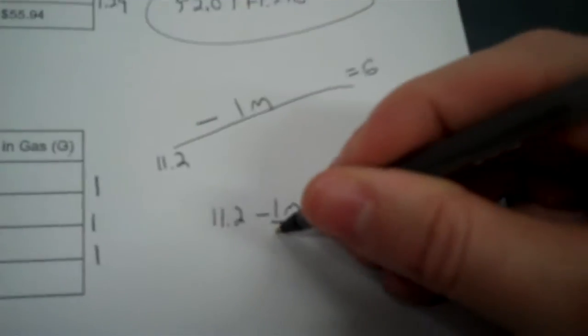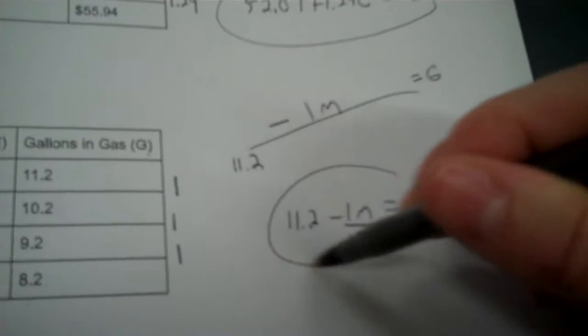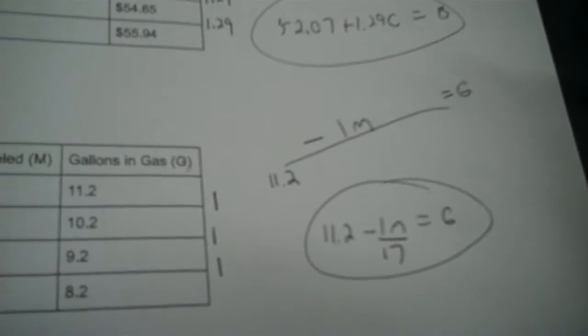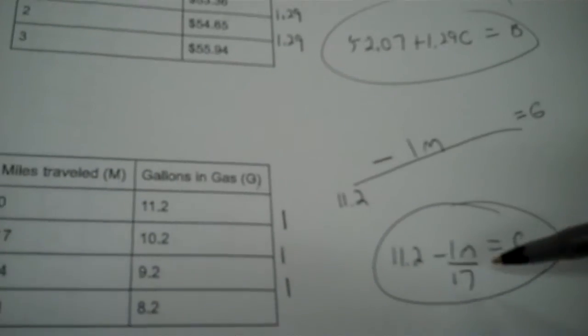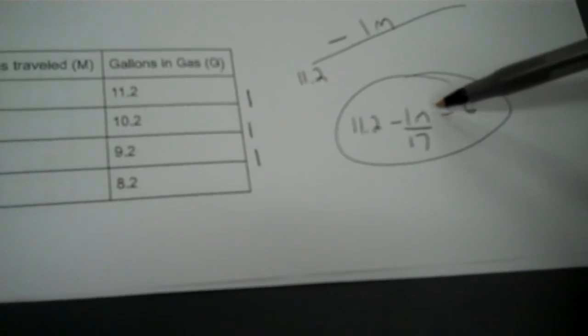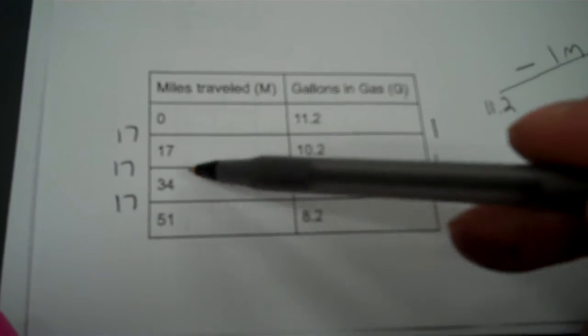And then 17 minus 0 is 17. So I put a 1 minus 17 of m. Okay. So again, I didn't have to do that on these ones because it was just by 1, 1, 1. Because putting a 1 under a number is kind of stupid. Okay. But if we're not going by ones, we're going to have to underline the rate of change and put what this is going by, which should be 17.